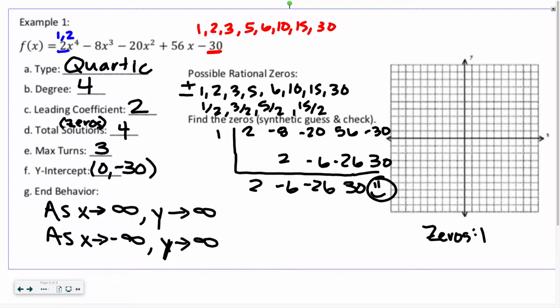Now, remember how we've talked about, like, in division, this was x to the 4th. So this is now my x cubed. I could take that polynomial 2x cubed minus 6x squared minus 26x plus 30, because that has 4 terms. I could try to factor it. But like some of you can kind of see ahead, if I take out the 2x squared, I'll have x minus 3.